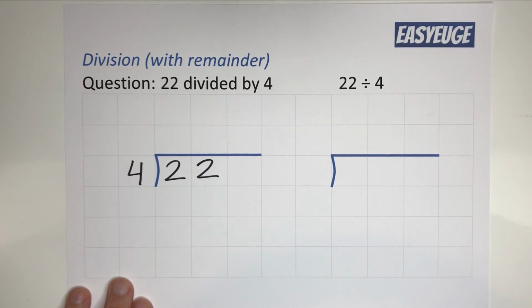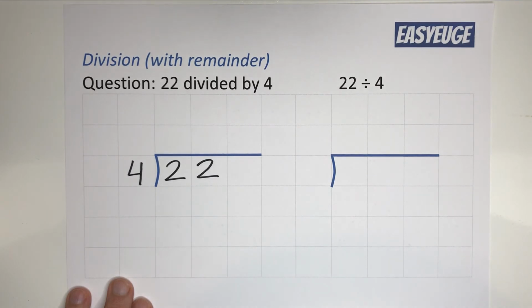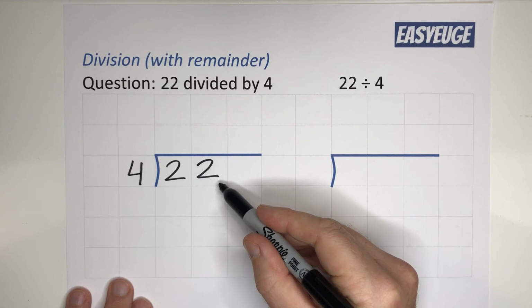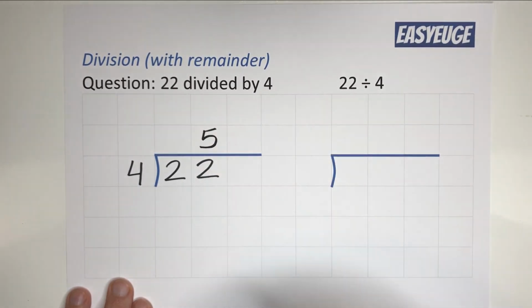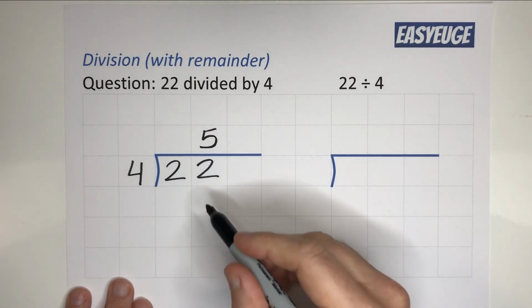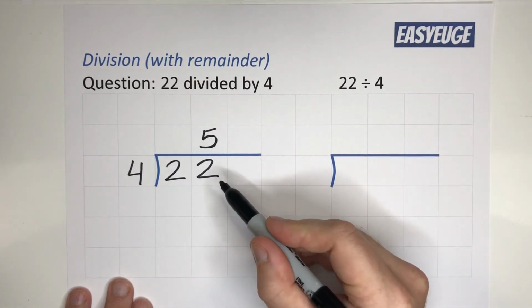I know 4 1s are 4, 4 2s are 8, 4 3s are 12, 4 4s are 16, I'm getting close to the 20, 4 5s are 20, so that brings me quite close to 20. So if I put a 5 up here in the answer area, 4 5s bring me right up to 20, and that's nice and close to the 22.